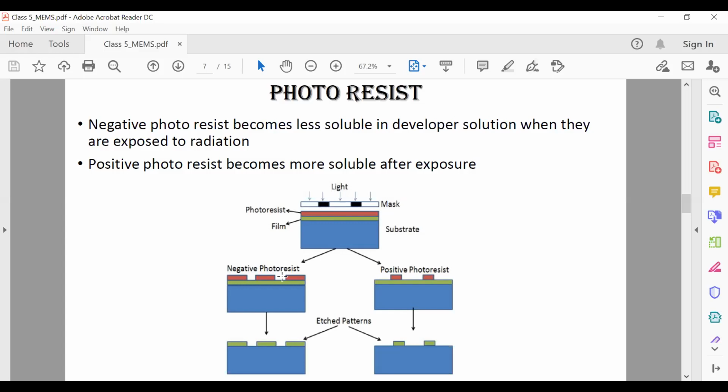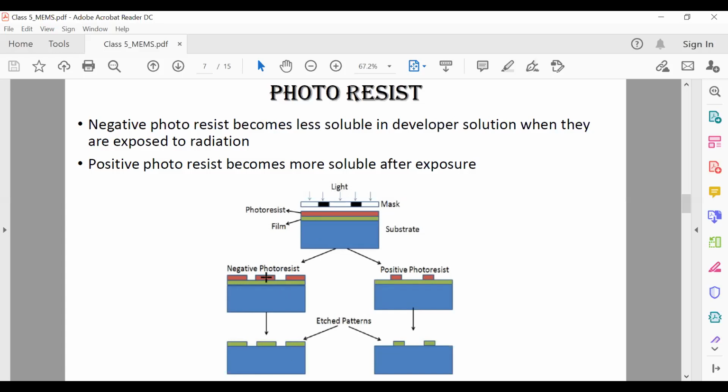After this first step, this is the second, and this is the third step, we need to remove this photoresist so that the thin film under it can be etched. How can this be etched?